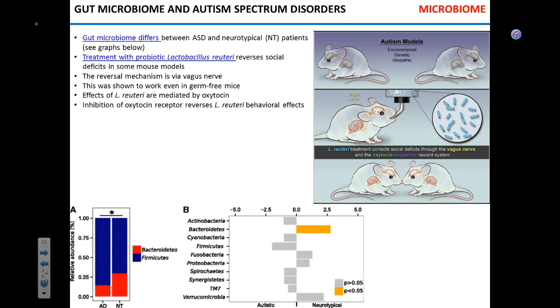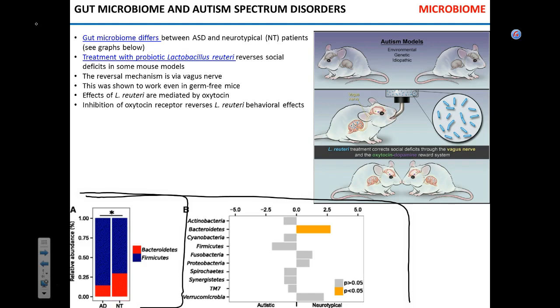The first set of graphs that I wanted to show is on the bottom. Now I'm going to break it down very simply. On the left, two old friends, firmicutes and bacteroidetes, in the guts of patients with autism spectrum disorder and neurotypical patients.